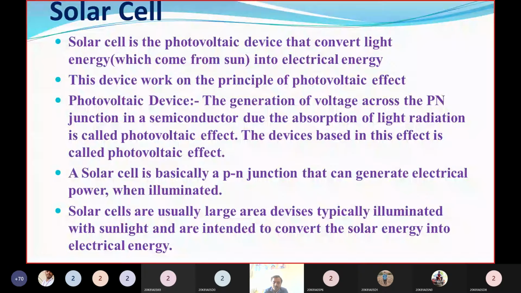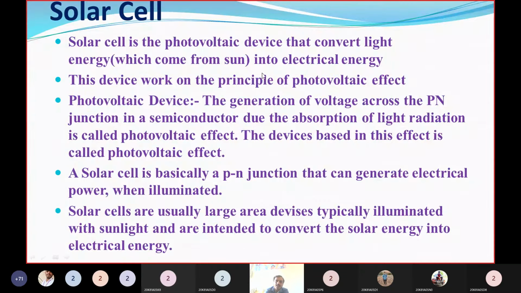If it absorbs the light radiation, the photon energy is converted into electrical energy in the form of voltage. The devices that work based on this photovoltaic effect are called photovoltaic devices.